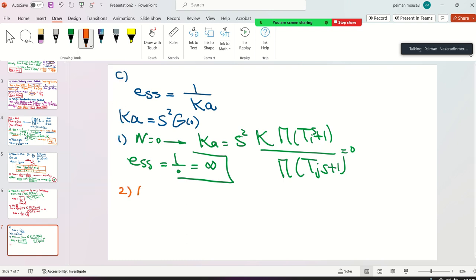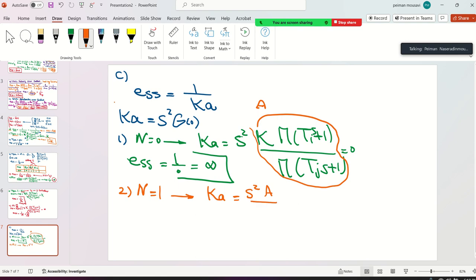Case B. When you add the integrator, a type 1 system, you get Ka going to be what? Let me call this term A, for simplicity, so A over s, with the added integrator. Again it's going to be 0 because of this s. So e_ss is again 1 over 0, infinity. Even by adding one integrator, you still have an unbounded error signal.